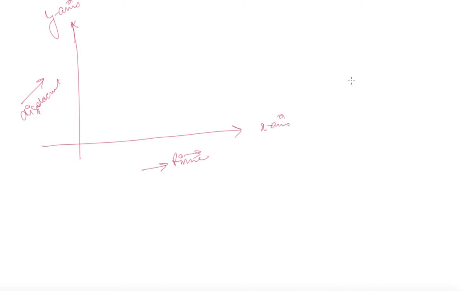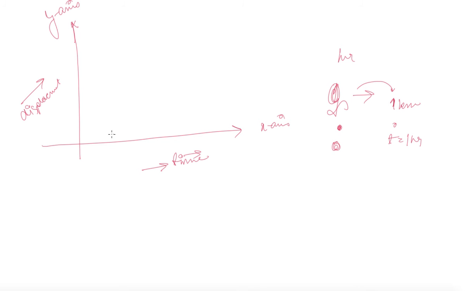Now let's take this example. Suppose this is a man, and say he was at his initial position 0. Because of his movement, he reaches, say suppose, 1 kilometer at a time t equals 1 hour.